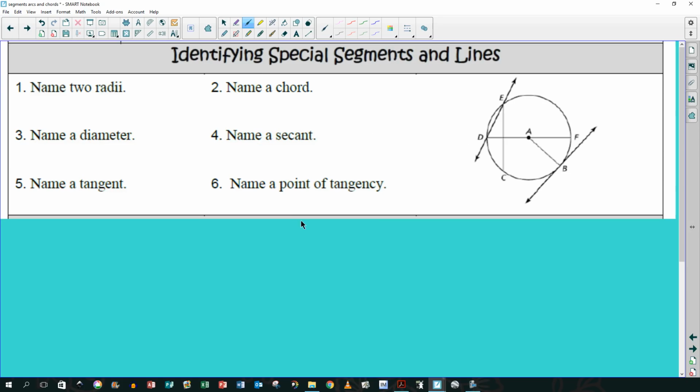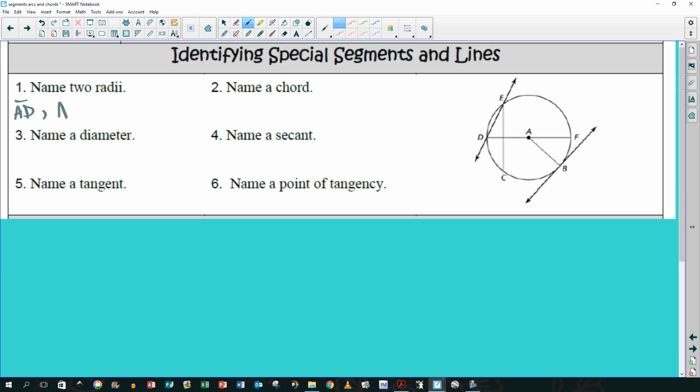All right. So now looking at this picture over here, let's name all of these things we've got over here. Please keep in mind there is more than one answer. Okay, so it says to name 2 radius, so 2 radii. So AD would be a radius.